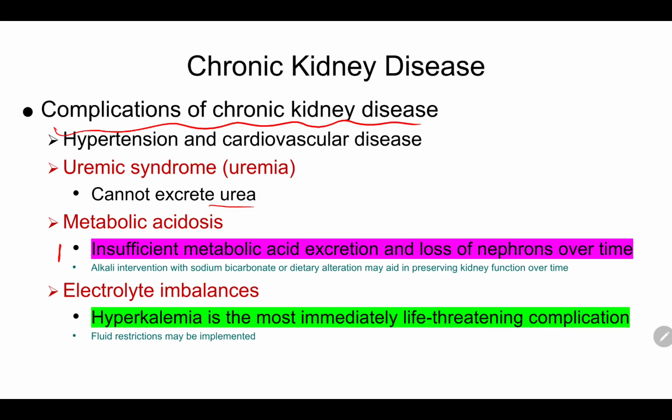Now, when we look at metabolic acidosis, it's going to lead to metabolic acidosis because you will have insufficient metabolic acid excretion out of the body, and that's really going to be, again, because of a loss of nephrons over time, okay, which will lead to those acids remaining. When we look at electrolyte imbalance, right, the most immediate life-threatening complication from these electrolyte imbalances would be hyperkalemia, okay, would be hyperkalemia.